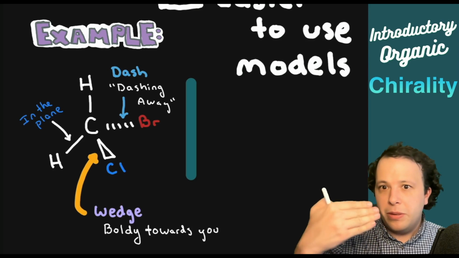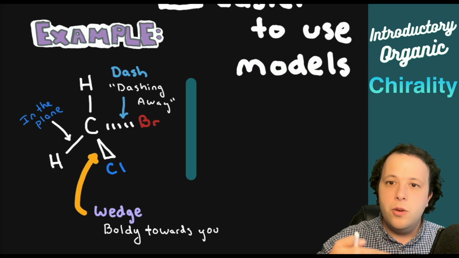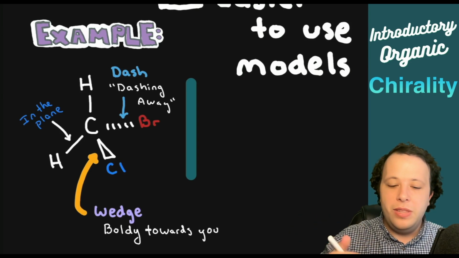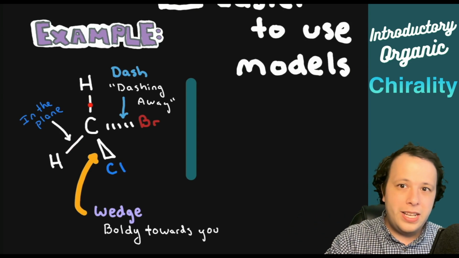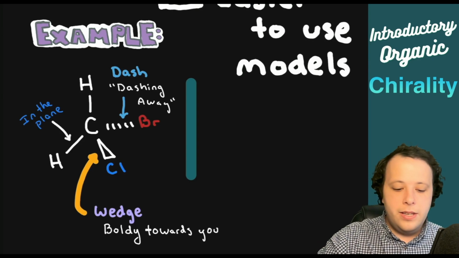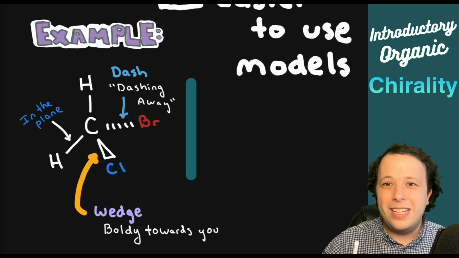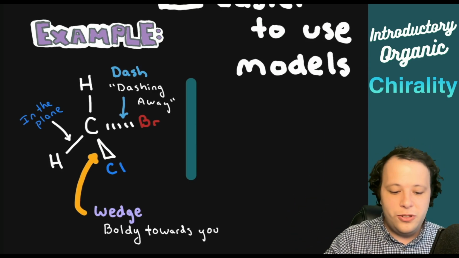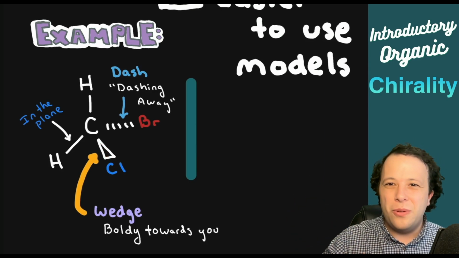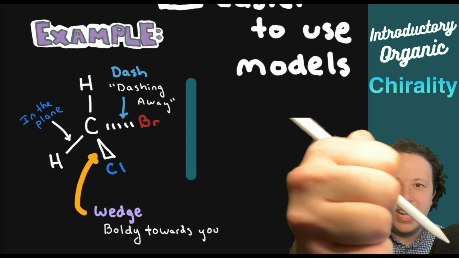Well, if you think of your computer screen or your monitor that you're looking at right now and it's flat, well, that means that these 2 bonds that are on the left and on the top, they are in line with your monitor, right? Now the wedge, this means that it's coming towards you. So I like to think it's boldly coming towards you. So usually this is kind of darkened and shown as a big bold line. So that means it's boldly coming out of the screen right at you, right?